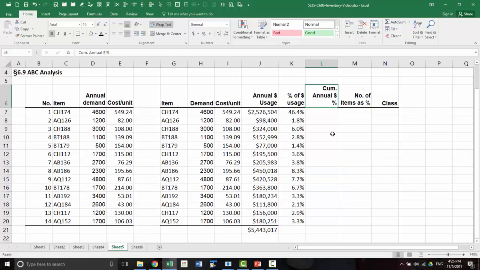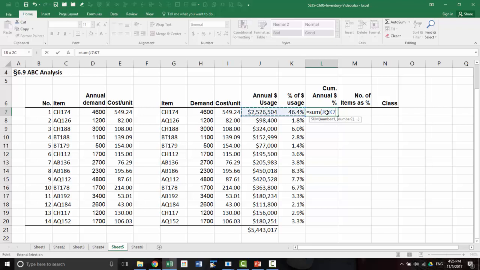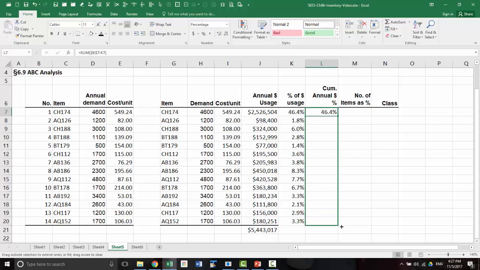Cumulative annual dollar percentage, and you can do that by summing that with K7 to K7, except the first K7 you need to make absolute reference. So the summing will always start from there and go down. So that's 100%.